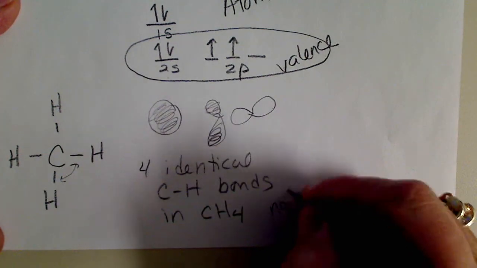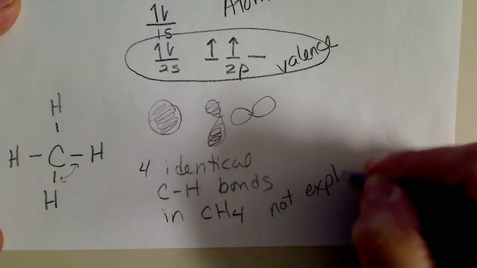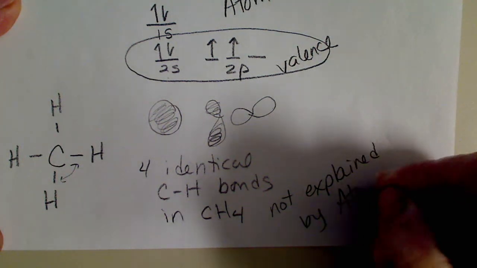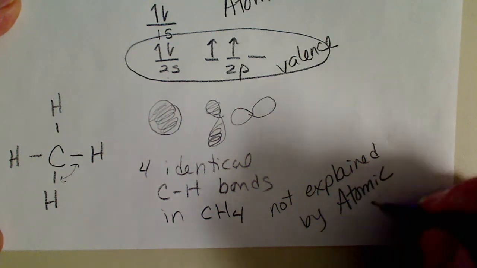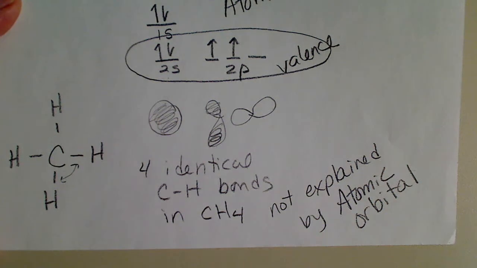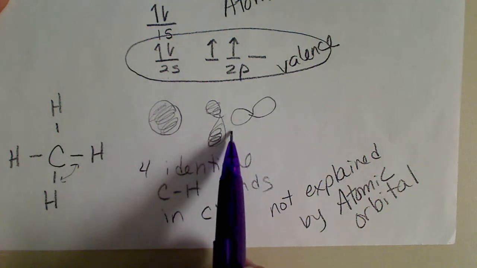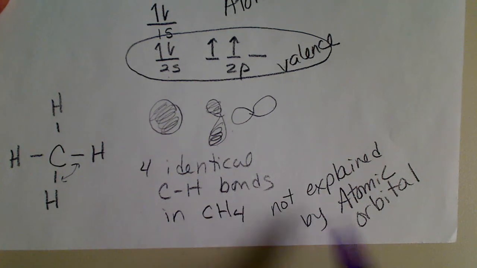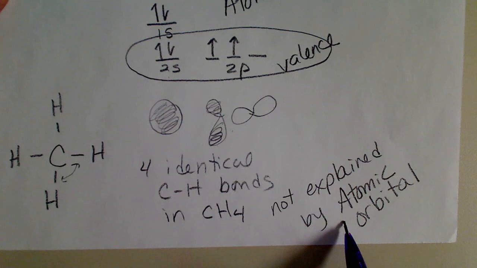So this is not explained by atomic orbitals. So we're going to look at, on the next piece of paper, hybrid orbitals, and hybridization of s orbitals and p orbitals give us hybrid orbitals, and that does explain identical bond lengths that we see.